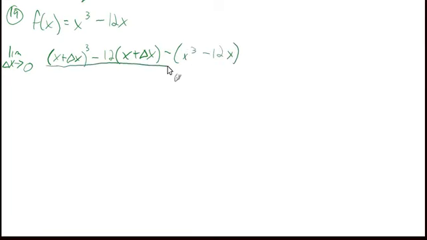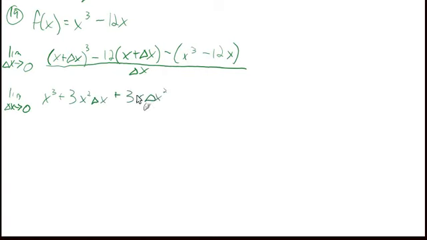All of this is going to go over change in y over change in x. Should invent a symbol for this thing, I write it so many times. So we're going to cube this. It's going to be x cubed plus 3x squared delta x plus 3x delta x squared plus delta x cubed, minus, distributing the 12.